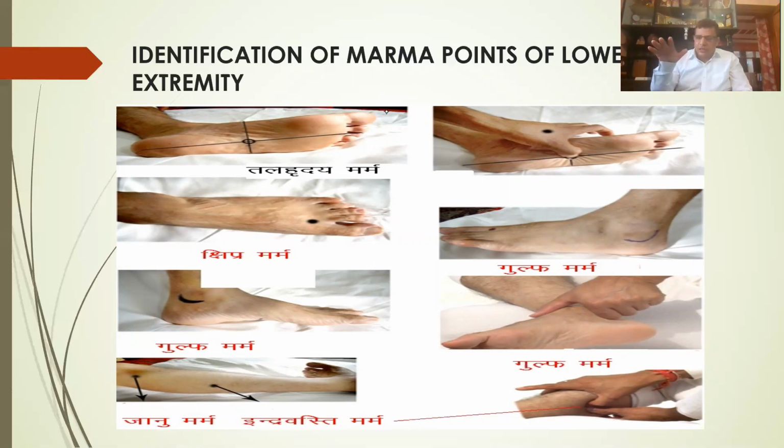Instead of the Kurpar Marma, there is a Janu Marma, that is a Sandhi Marma. Instead of the Manimanda Marma, in the foot there is a Gulpha Marma. It is a very important Marma point, and stimulation of Gulpha Marma is very effective for treating rheumatoid arthritis pain as well as osteoarthritis pain.